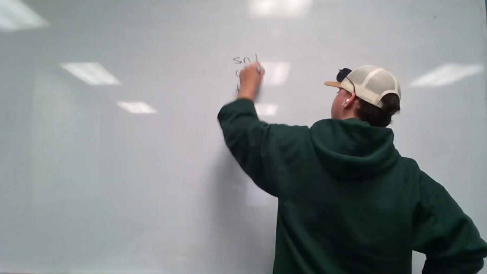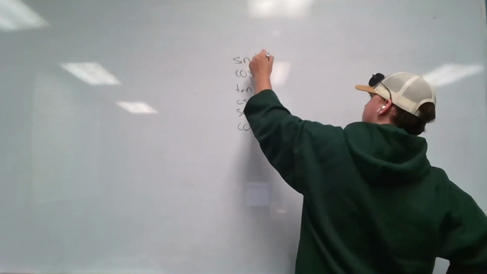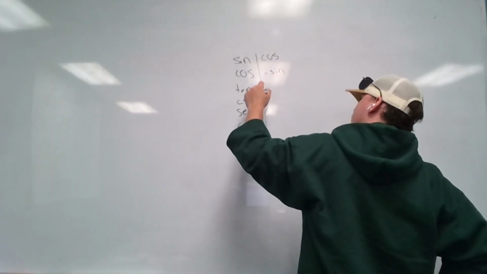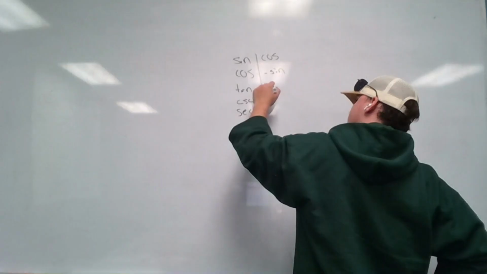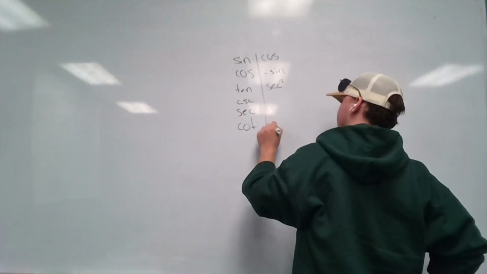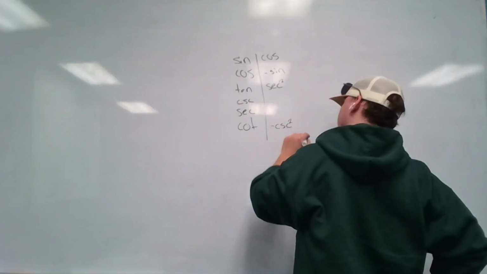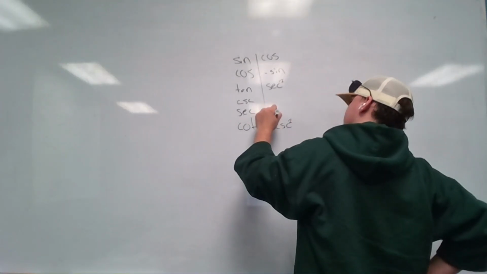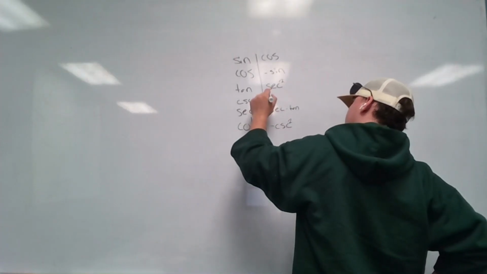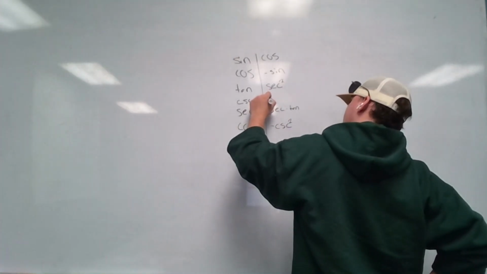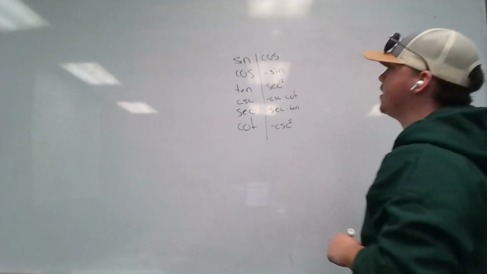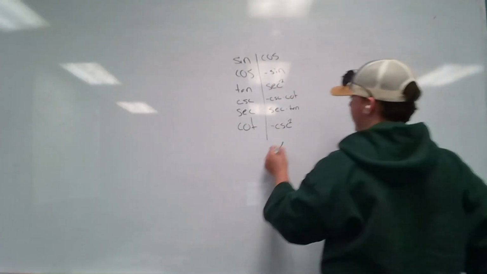The derivative of each of these is going to be: cosine, negative sine, tangent is going to be secant squared, negative cosecant squared, secant times tangent, and negative cosecant times cotangent. So when you want the antiderivative, you just have to go back in time.